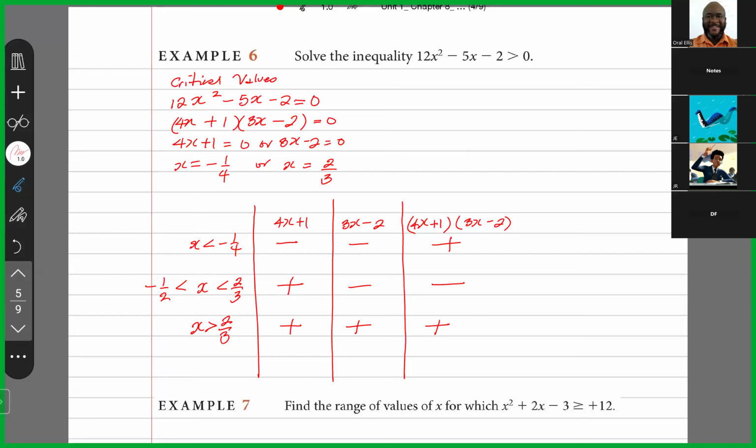Now, what we want are the values of x for which 12x squared minus 5x minus 2, which is the same as 4x plus 1 multiplied by 3x minus 2, is positive. That is when x is what?